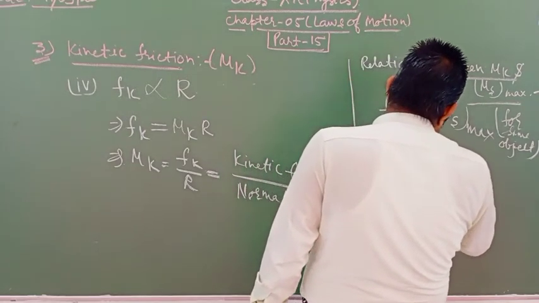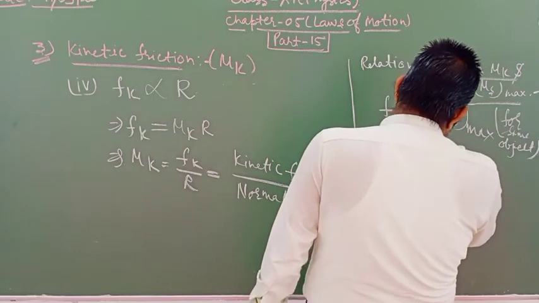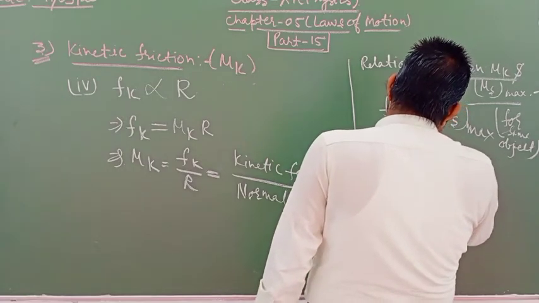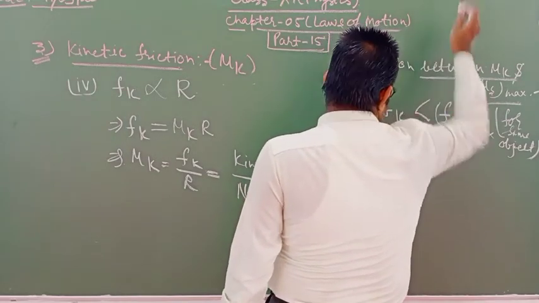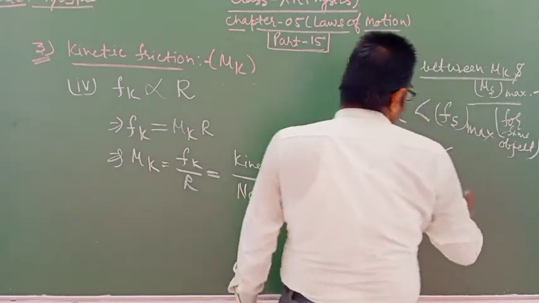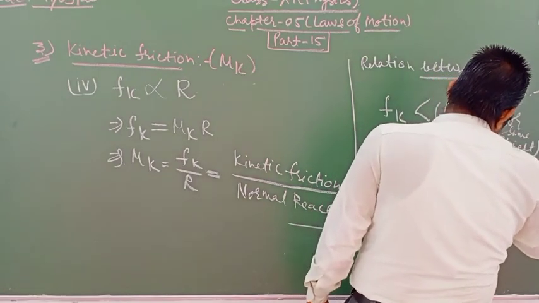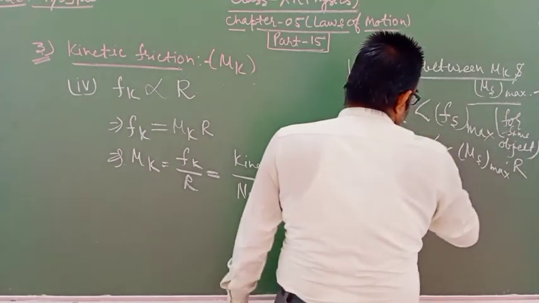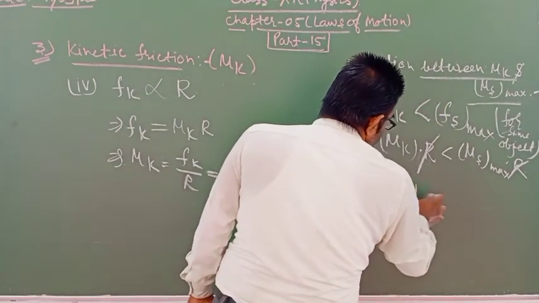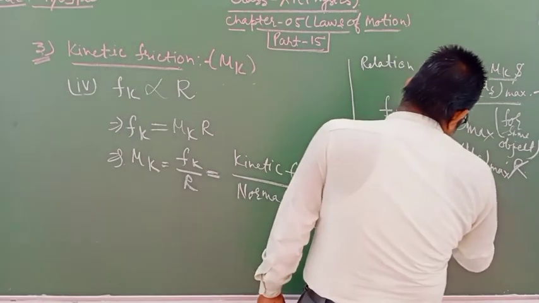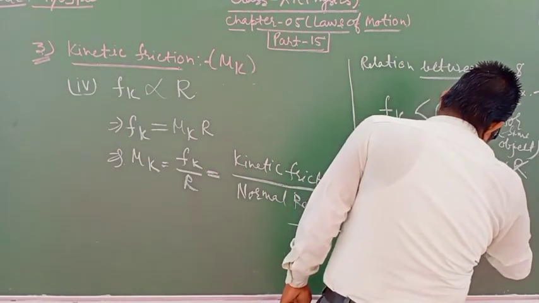into R, mu k into R is less than mu s max into R. Now this R will cancel out, and we can say that mu k is less than mu s max.